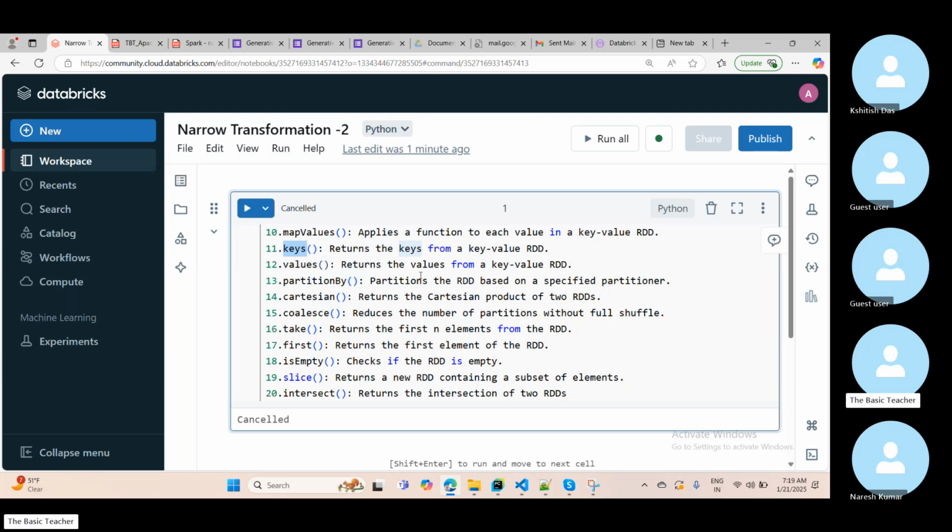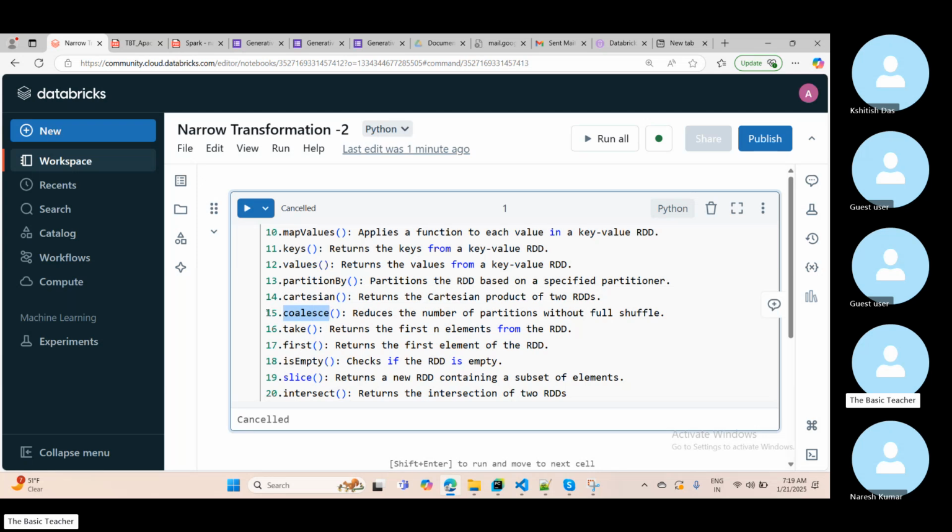Then partitionBy partitions the RDD based upon the specified partitioner, with the number of partitions you want. Then Cartesian returns the Cartesian product of two RDDs. If you have two RDDs and you want the Cartesian product from them, then we use this transformation.